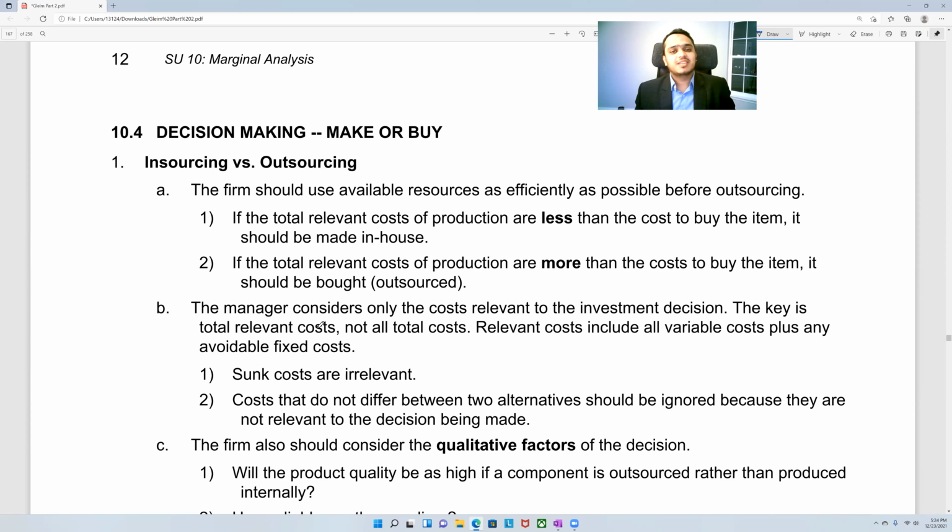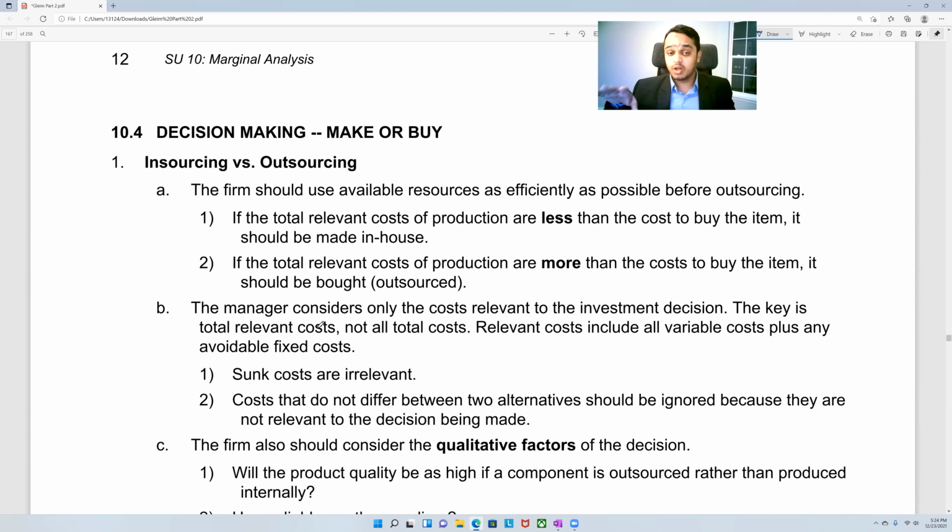What it depends on is the cost of making it yourself, and then the cost if you are giving it to an outsider, outsourcing. What you need to do is compare the two costs. Whichever is the least, whichever is the best, choose that one.